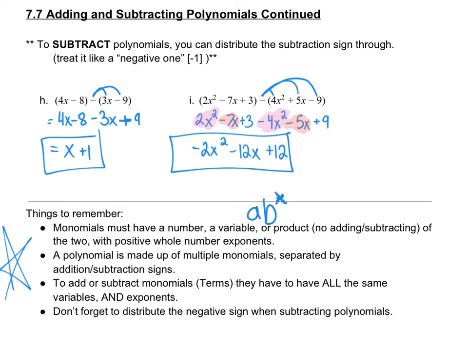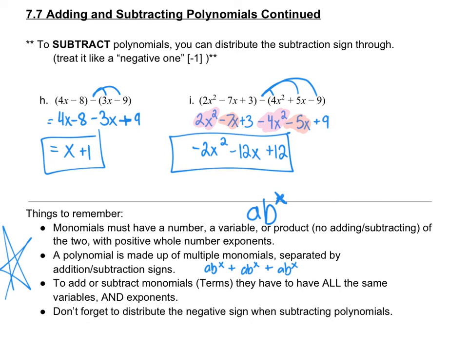All right, you have a number times a variable raised to some power. A polynomial is made up of just a bunch of monomials. So take this like ab to the x plus another ab to the x plus another ab to the x. All right, they're separated by addition or subtraction signs.